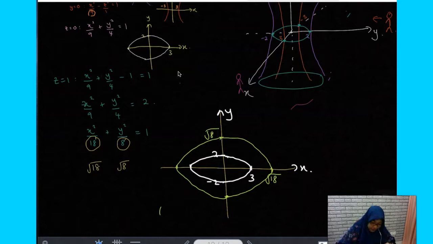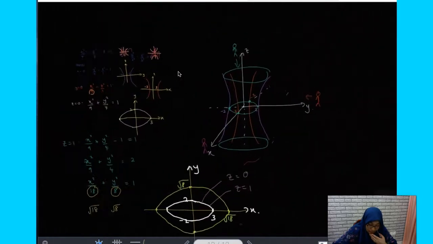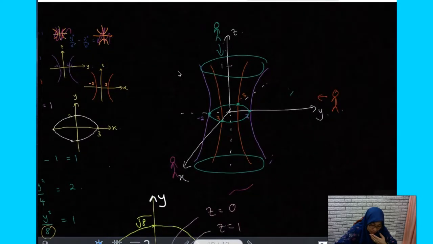Then we label so that we know which is which. This is for z equal to 0 and this one z equal to 1. So we know that when we set z equal to 1 here, we have a larger ellipse.